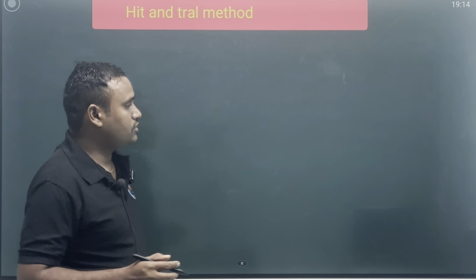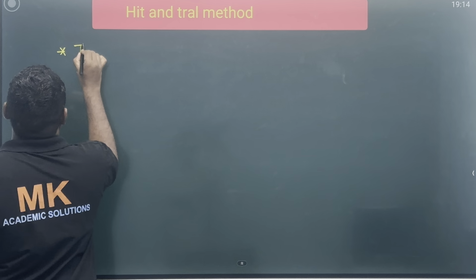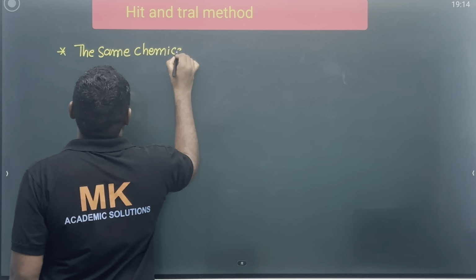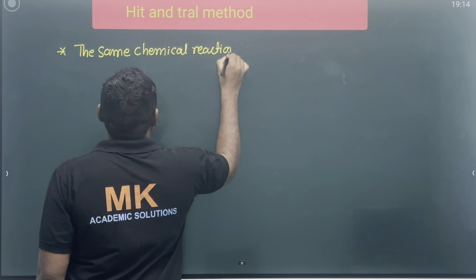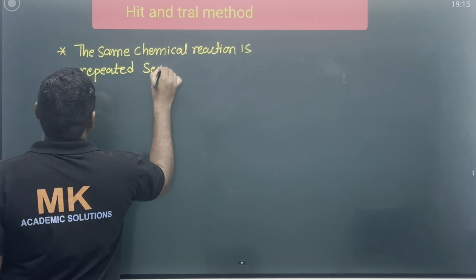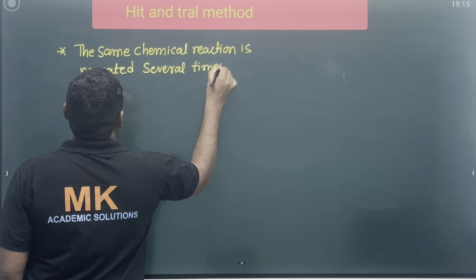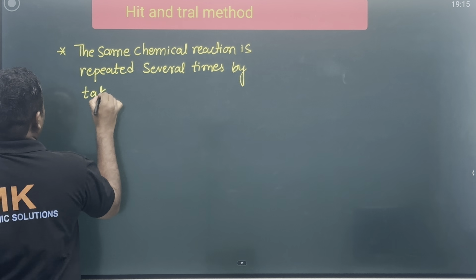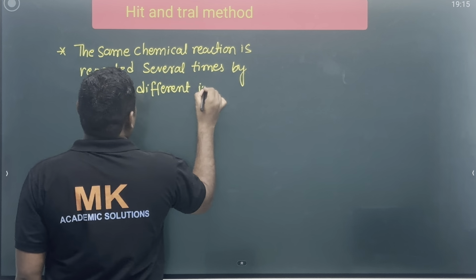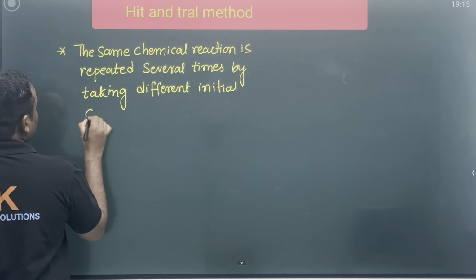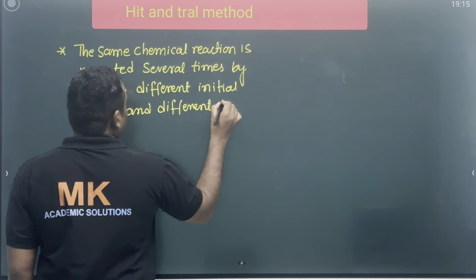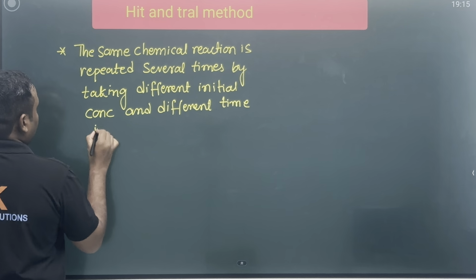So the same chemical reaction is repeated several times by taking different initial concentrations and different time intervals.